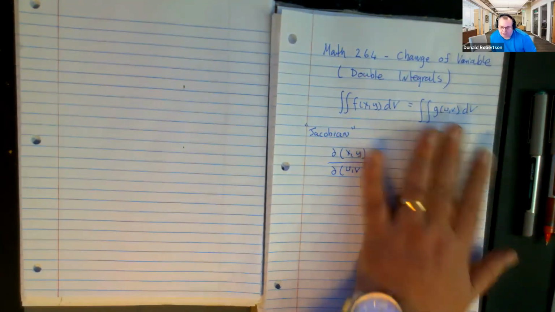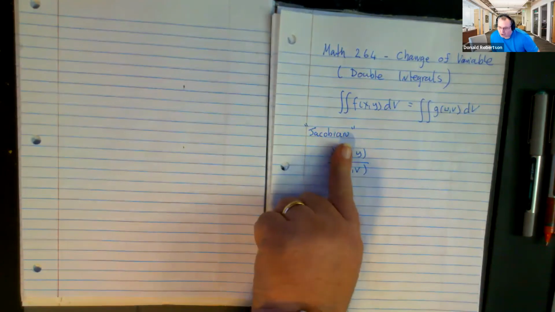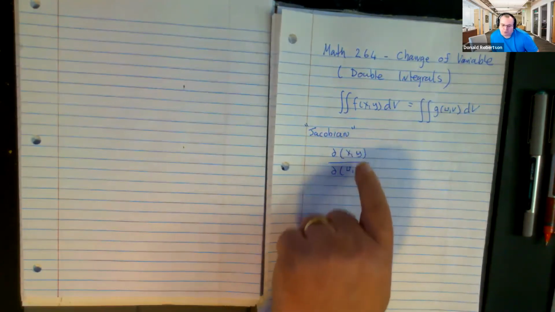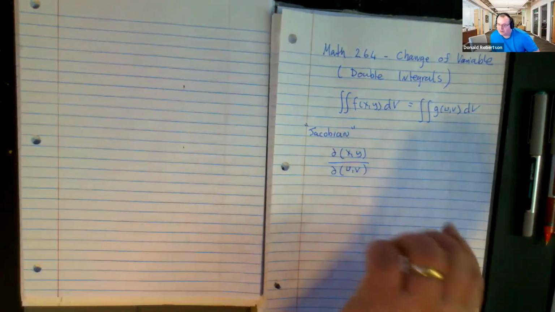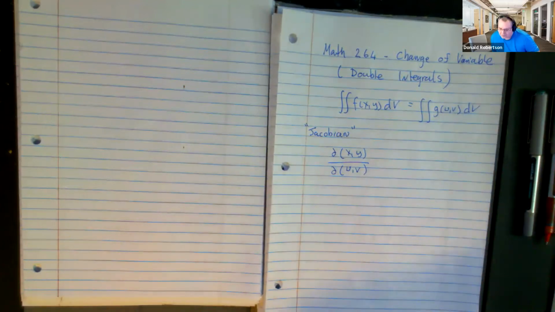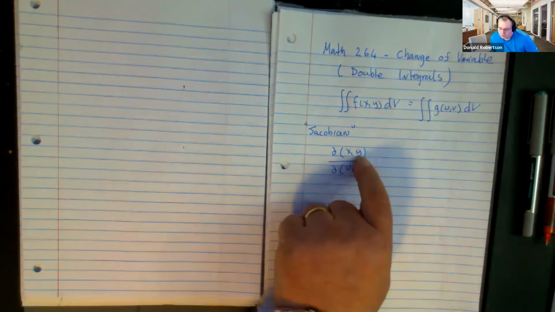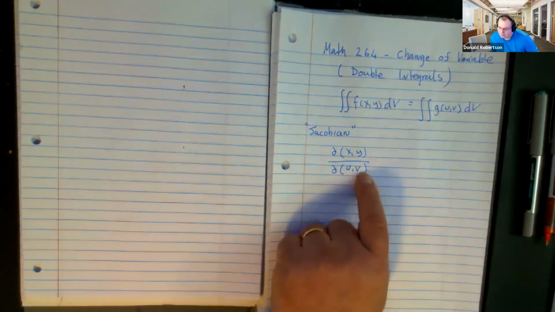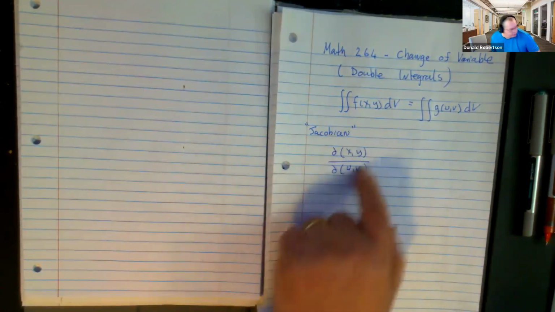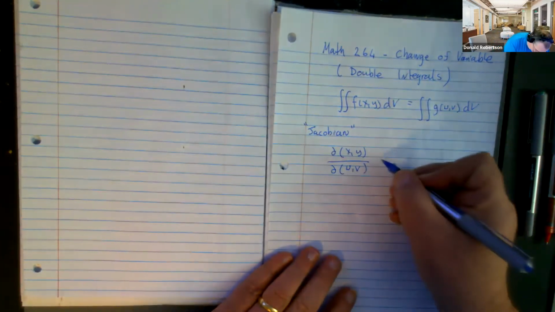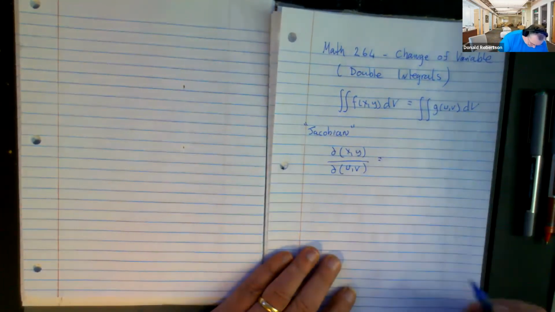You all know how you do a partial derivative dx by du, and you can do dy by du, and you can do dy by dv and dx by dv. But what we're going to do is do all of them at once. So this double partial derivative situation is called the Jacobian.